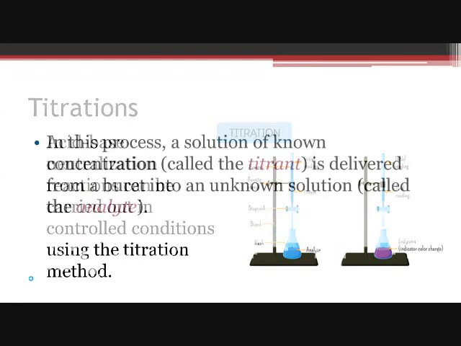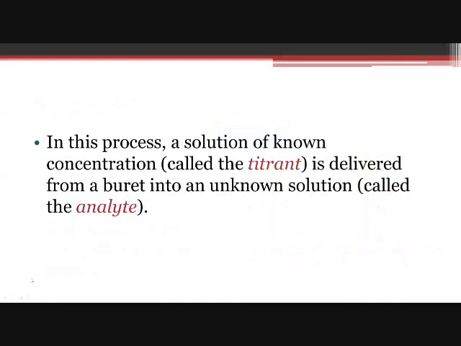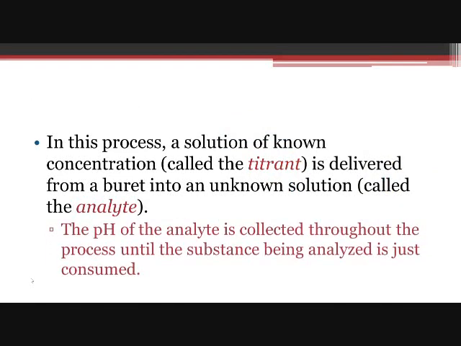So some vocabulary: the titrant is the solution of known concentration that is delivered in a burette. Usually in your burette, you put whatever you know is the known part, the titrant. And then the unknown solution, called the analyte, is put in the flask that you deliver the titrant into.